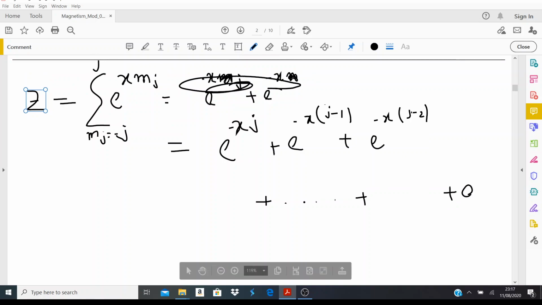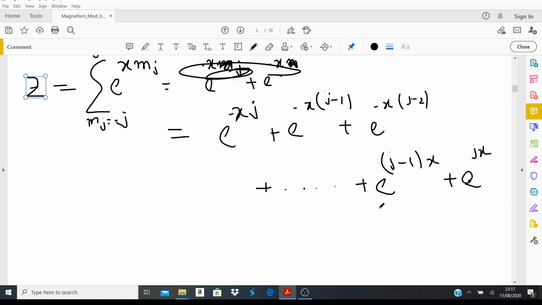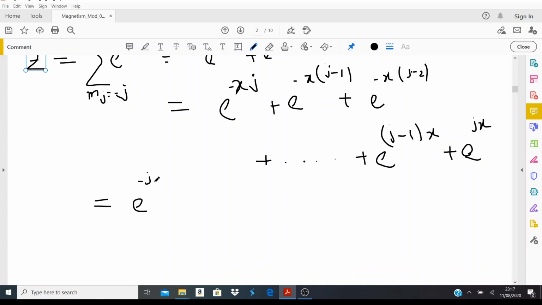So the last term will be e to the power j times x. So the term before is nothing but e to the power j minus 1 times x, right?